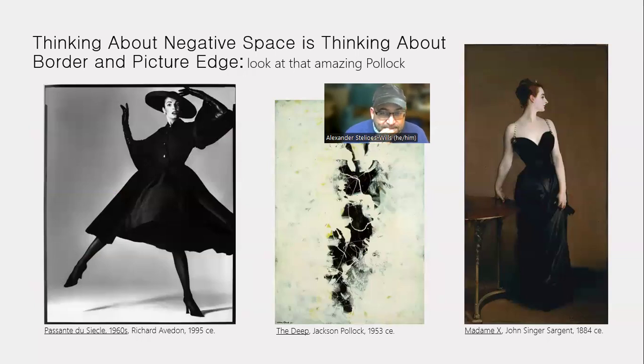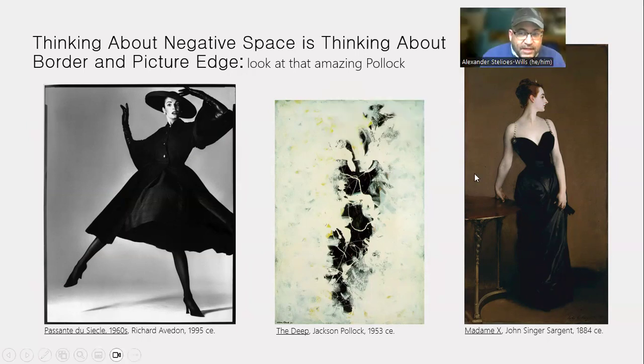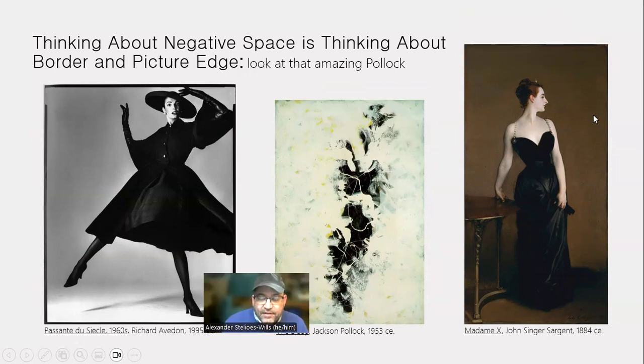So here's some more examples of artwork really being about negative and positive space, right? We could look at this painting and think, maybe we'll start there. We could look at Madame X and think it's just about a woman in a pretty dress, right? She's a fancy woman, it's a fancy dress. She looks like she's at a fancy party. But it's so much about the positive and negative shapes.